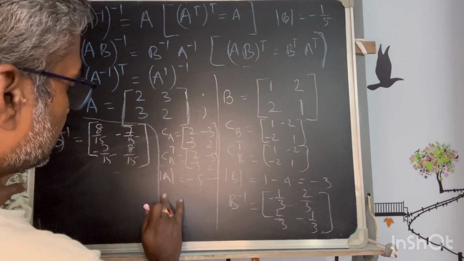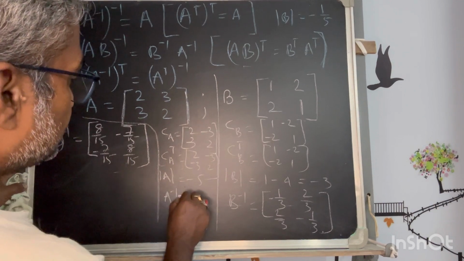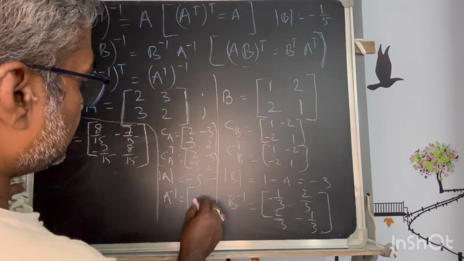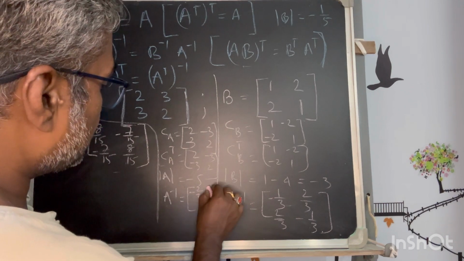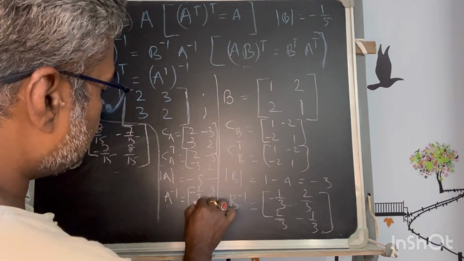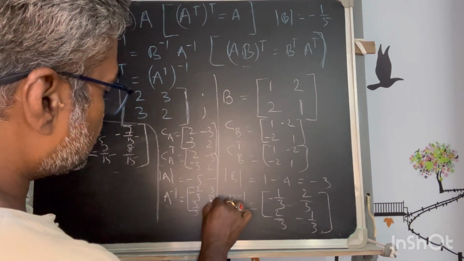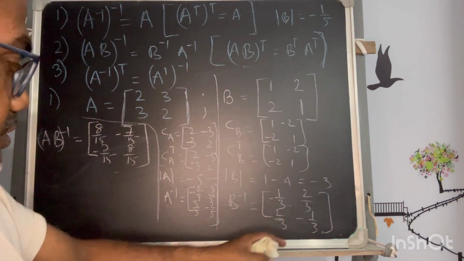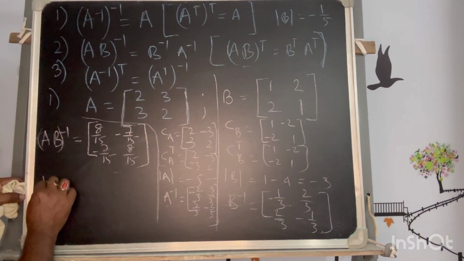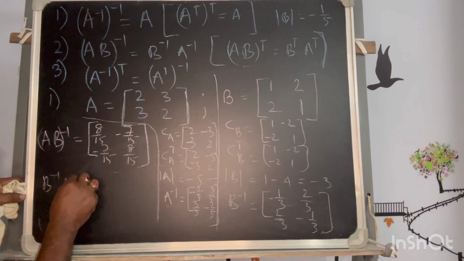Then A inverse is equal to 1 by 5 adjusted there. So this will be minus 2 by 5, 3 by 5, 3 by 5 and minus 2 by 5. Now we have to multiply these two, so B inverse into A inverse.